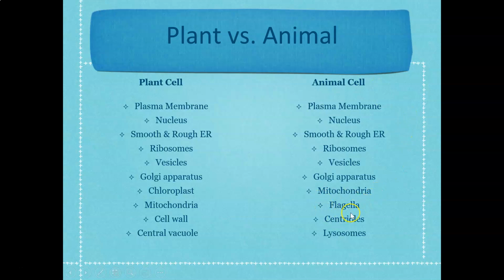Well, they can have flagella. They don't have to, but they can. Those centrioles are definitely animal only. Lysosomes also animal only. We could also add the contractile vacuole and the food vacuole to this list as well, if those cells are capable of making them. Not every animal cell will have them, but they're capable of being there.